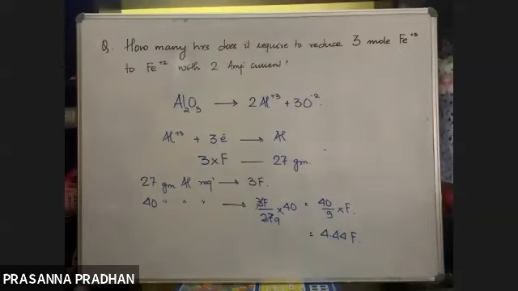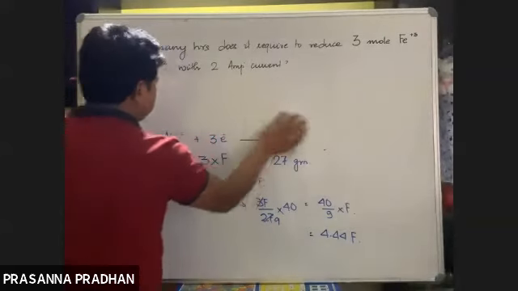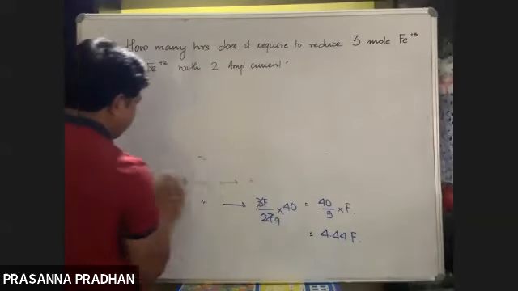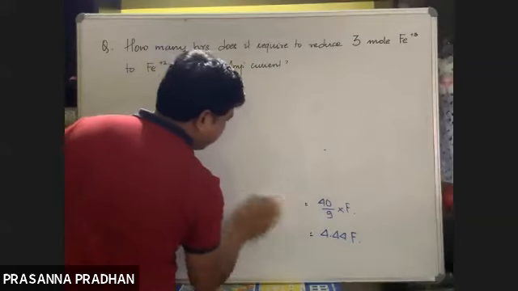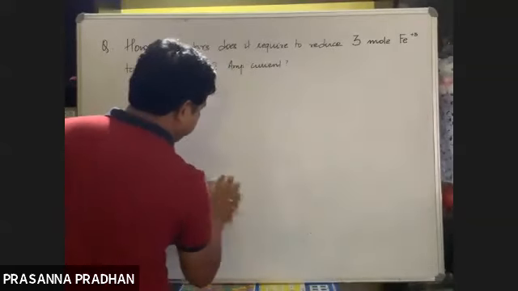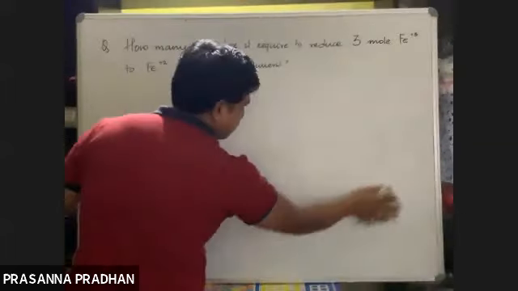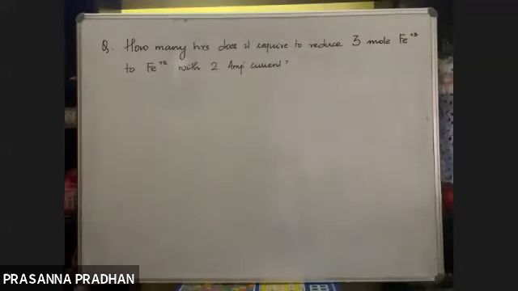So how many hours does it require to reduce 3 mole of Fe plus 3 to Fe dipositive with 2 ampere of current? Someone please give me the lead. How am I going to solve this? What is going to be the equation?